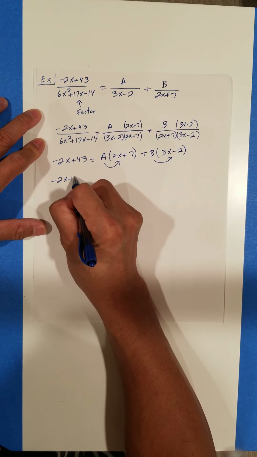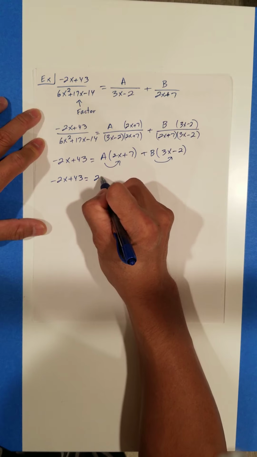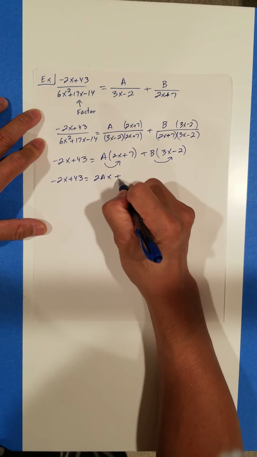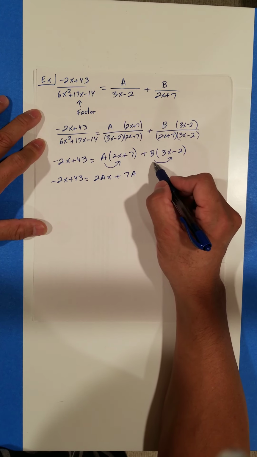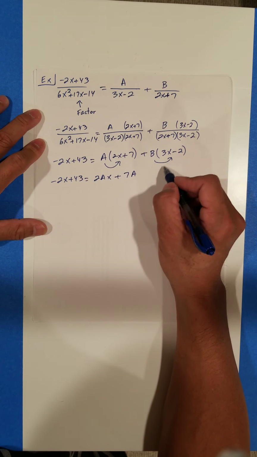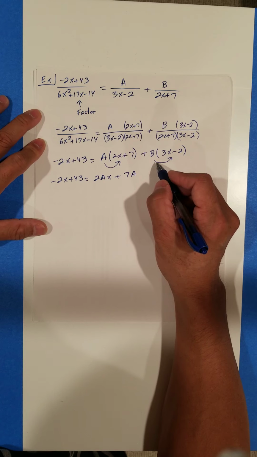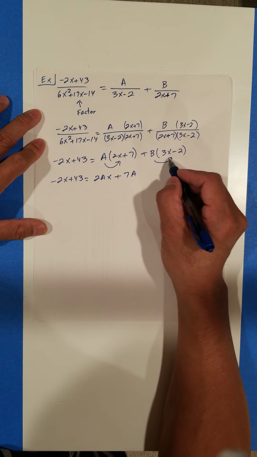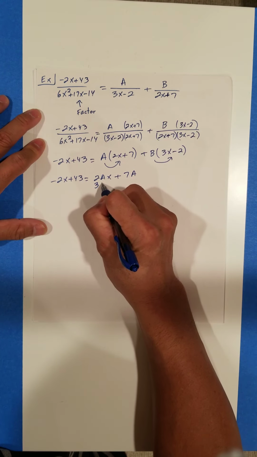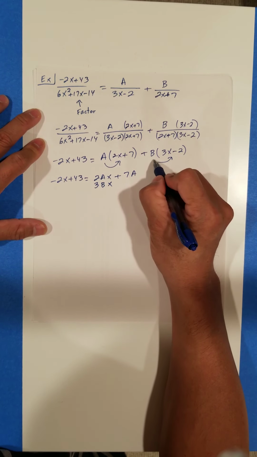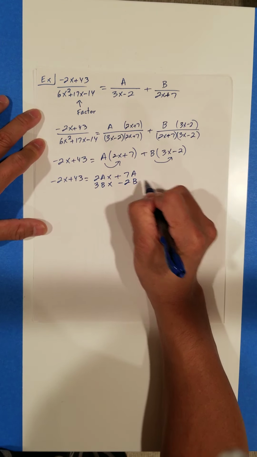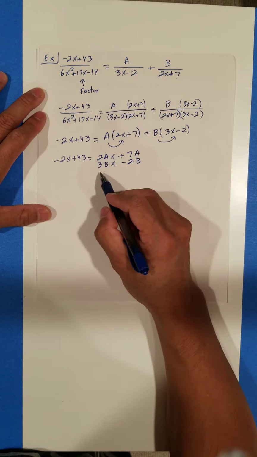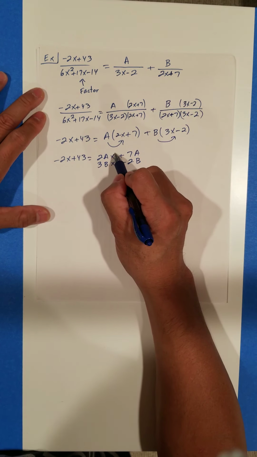Negative 2x plus 43 equals 2ax plus 7a. Now if I want to, I can distribute here, but if I want to, I can put this right here, 3bx, under this guy. So 3bx. When I distribute, I get negative 2b. What I'm doing is I'm just trying to organize it a little bit. What do you notice about this?